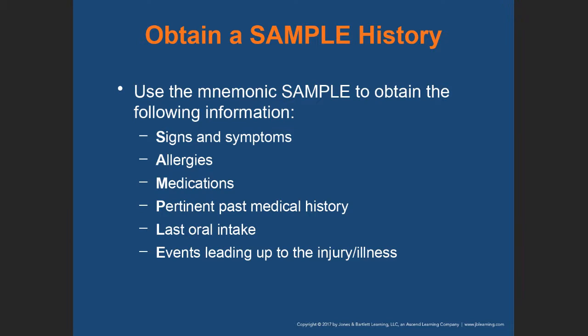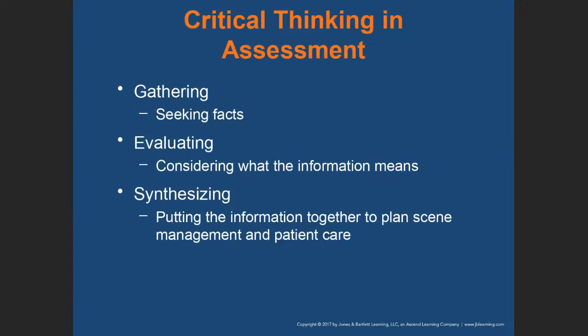Events. Events leading up is similar to onset. What exactly were you doing prior to having the difficulty breathing or chest pain? What exactly happened before you lost control of the vehicle? That's events. All right, now your critical thinking in assessment.